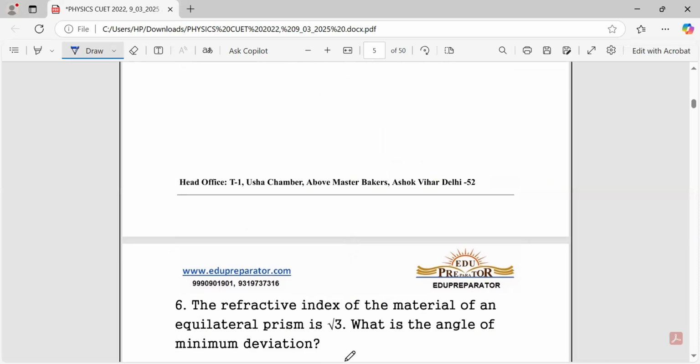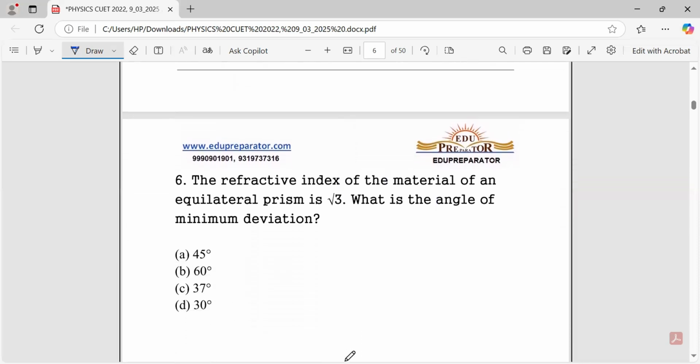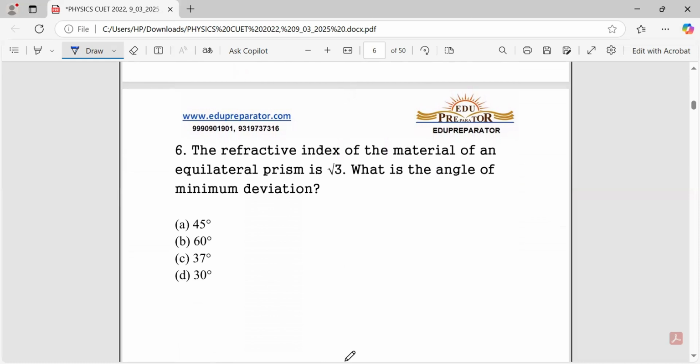with sixth question, that is the refractive index of equilateral triangular prism. Now, as we know that refractive index is equal to sine of (A plus delta minimum) by 2 divided by sine A by 2, right?